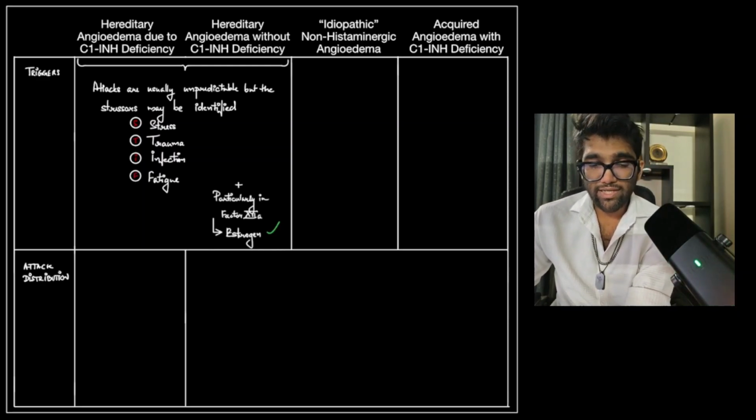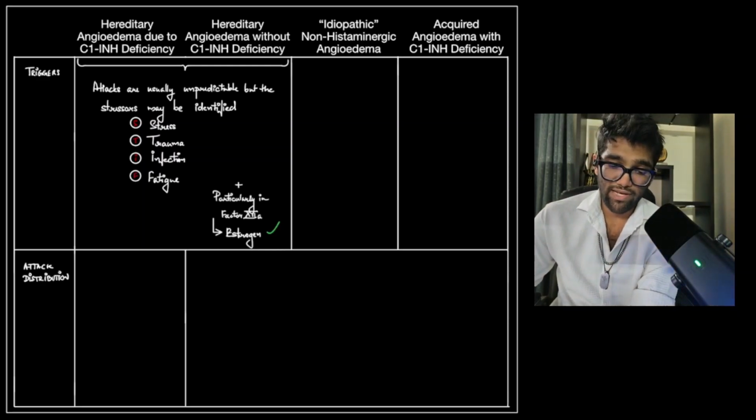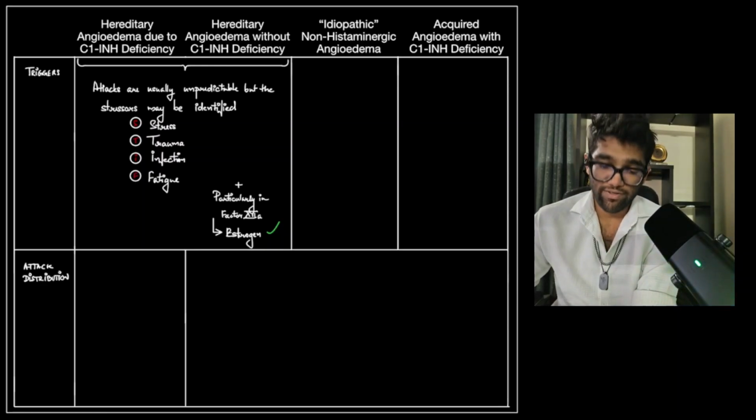Now, hereditary angioedema without C1-INH deficiency, as I discussed, is most commonly caused by a factor 12 deficiency. So, factor 12 deficiency can be induced by estrogen exposure, that would be OCP usage, or a patient who's pregnant. So, if it is getting precipitated by pregnancy, then it strongly points towards a factor 12 deficiency.